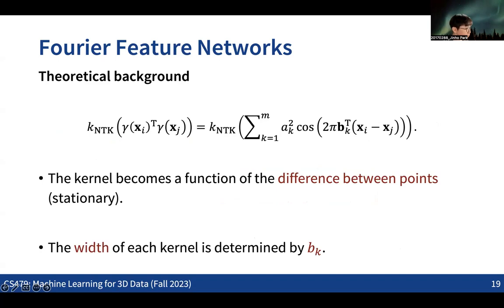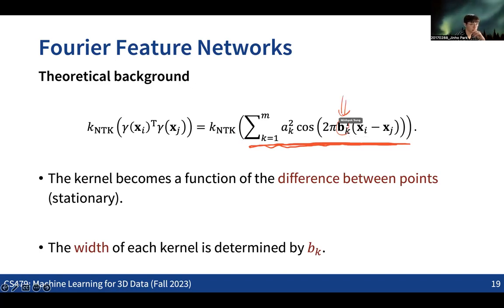So now we are learning a function with this kind of kernel, which takes the difference of the two data points. That's the idea here. And you can see that this is a sum of cosine functions, like compositing multiple kernels with different kernel widths.